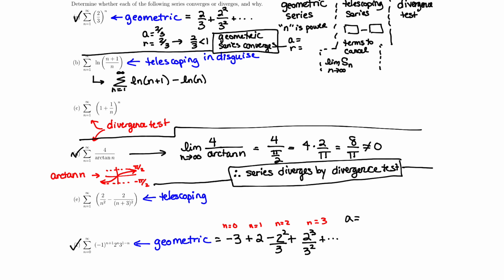My a is negative 3, but did you get r is negative 2/3? I think my r value is negative 2/3. What do I multiply by one term to get the next term? And then the absolute value of negative 2/3 is 2/3, which is less than 1. So this geometric series converges.